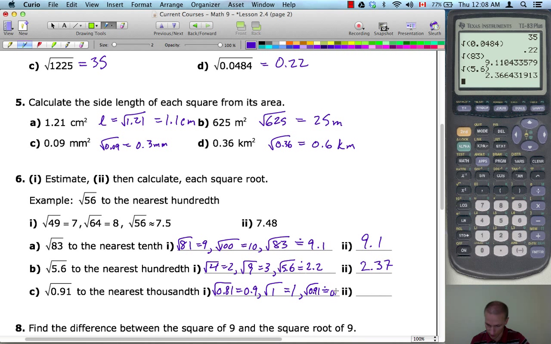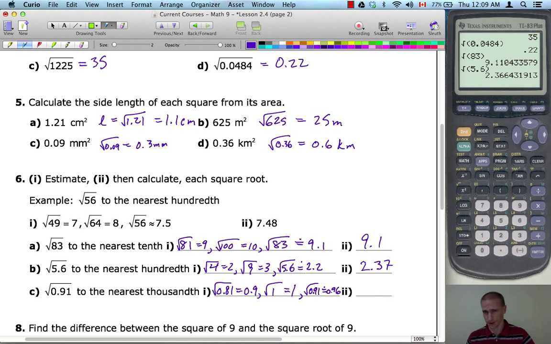A little hard to see that, sorry about that. Wow, that's really ugly. Let me just fix that. 0.96. There we go. That's a little bit more legible.